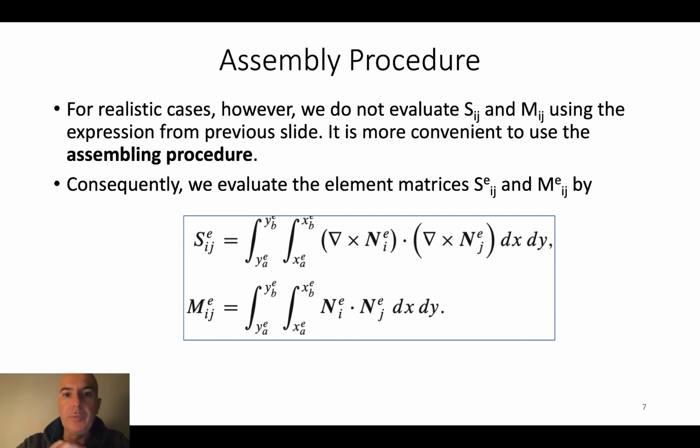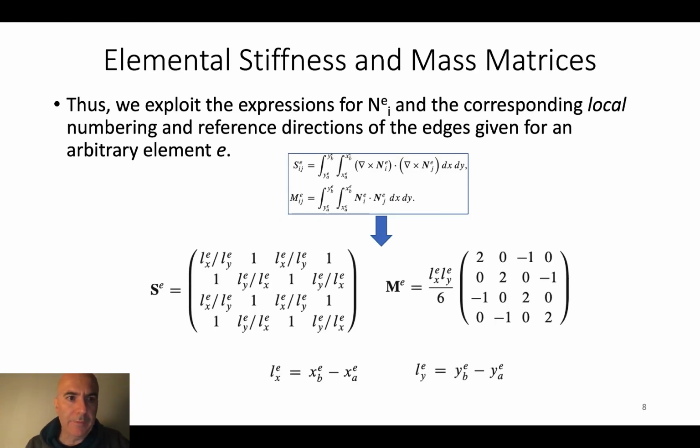So we evaluate the element matrices Sij of the element E and Mij of the element E. Here we basically have simpler integrals over the specific element. By geometrical consideration, we can calculate these two matrices in the following way.